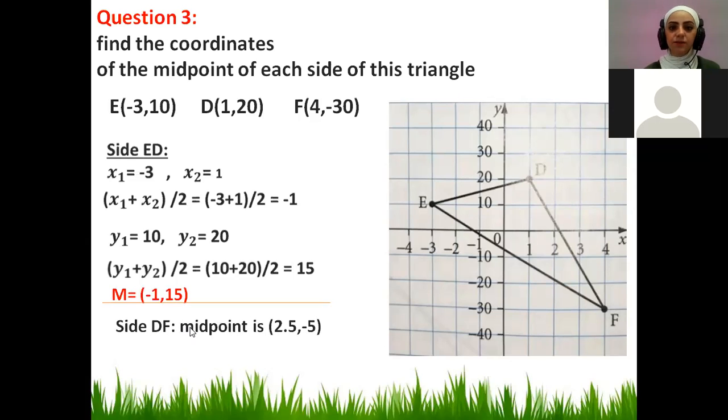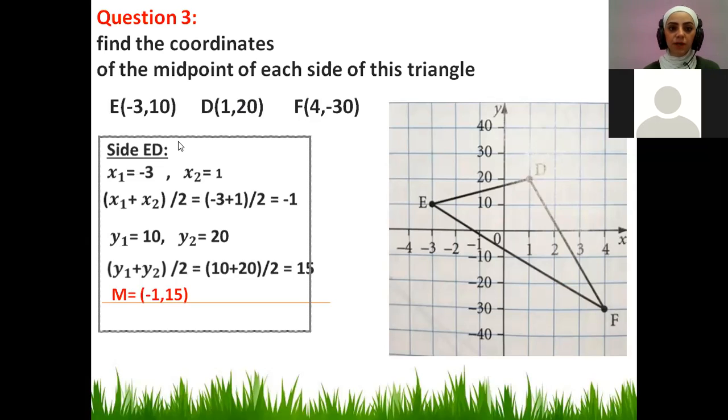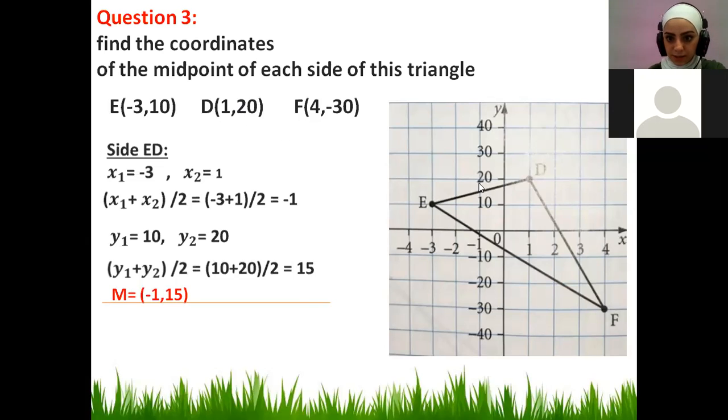This is point D, as you see. It's 1, 20. And point F is 4 with -30. How to find the midpoint of D and F together? We add x1 plus x2 equal 5. Then y1 plus y2, -10.